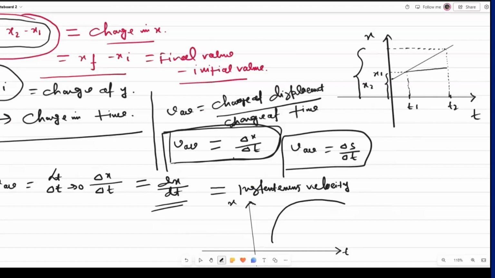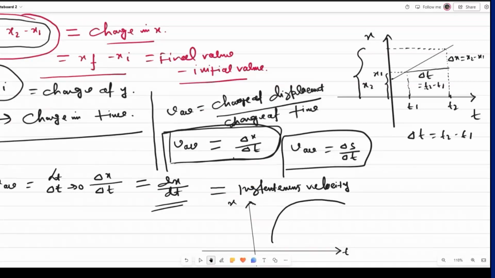Delta t is going to be what? Delta t equal to t2 minus t1, because this time is delta t. And delta x is what? This whole thing is x2. You can see that. This part is x1. So this part is delta x, that is x2 minus x1. Delta t is t2 minus t1.